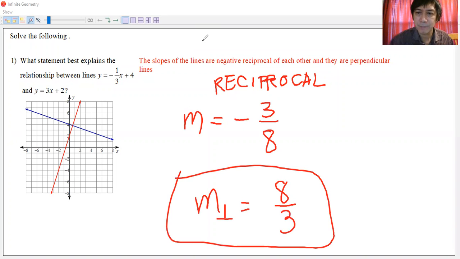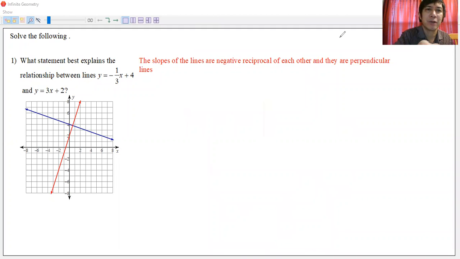There. So from negative, it will become positive, and then you will have to interchange the numerator and denominator, okay, to get the negative reciprocal, okay? All right. Okay, let's have the second number. Let's proceed to the second.